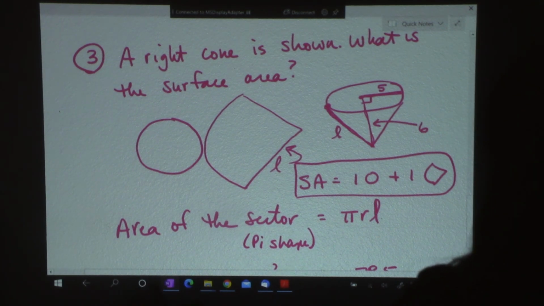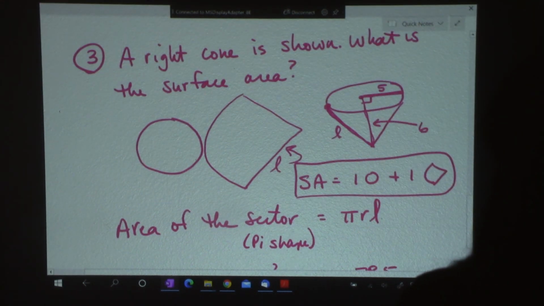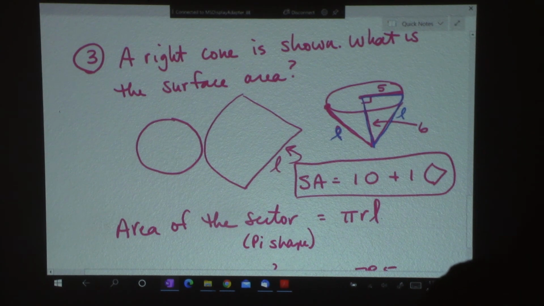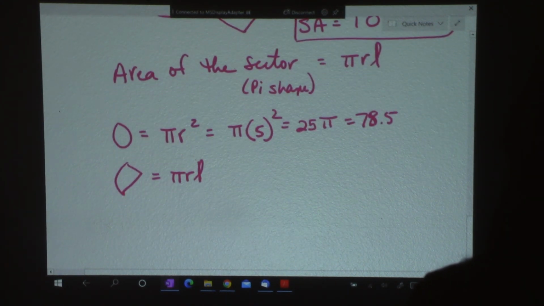Well, again, like a previous example, look at this triangle here. I can use the Pythagorean theorem to find it because what L is over here is also the L on the other side. So this is where I'm going to use the height and the radius.